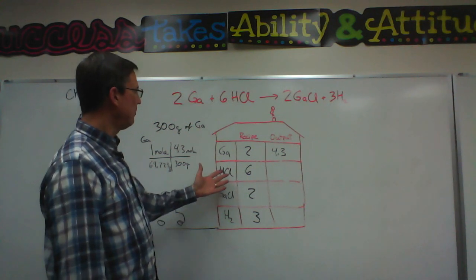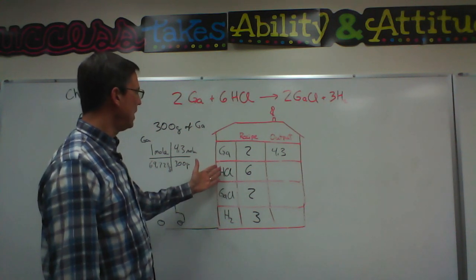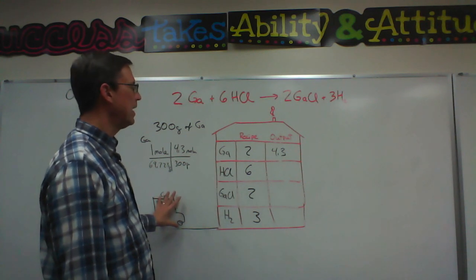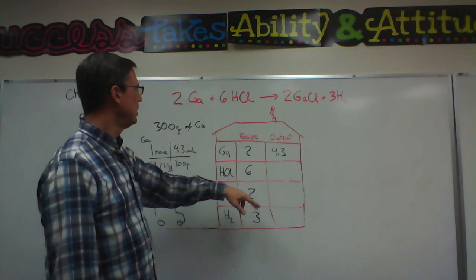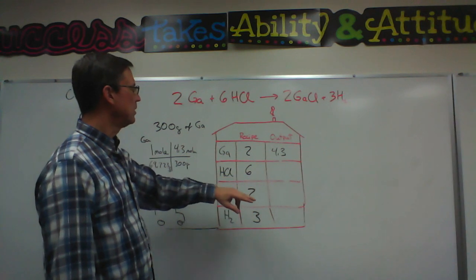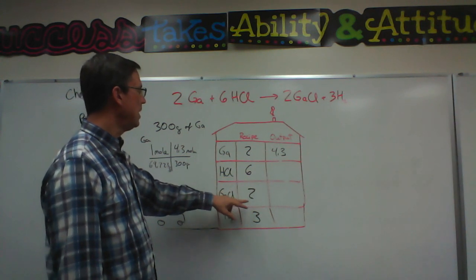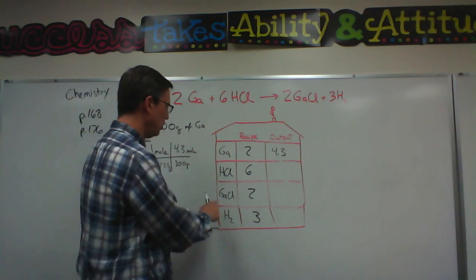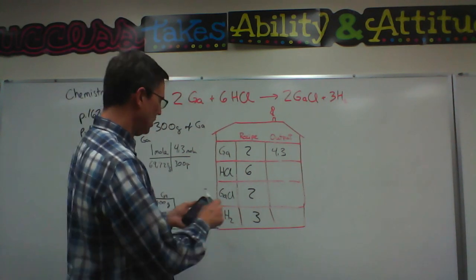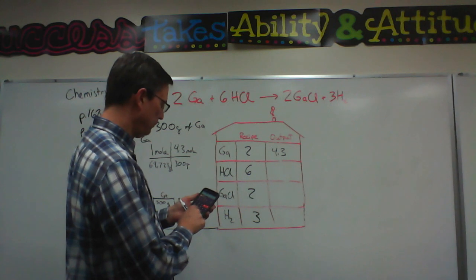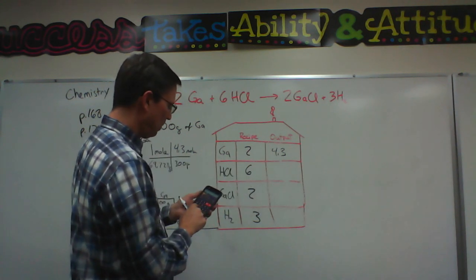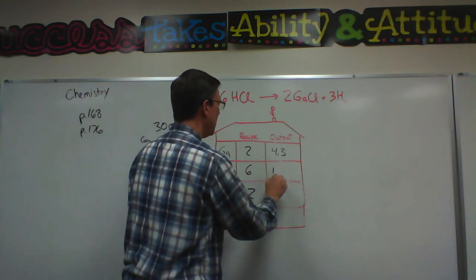And they have plenty of hydrochloric acid, and they just have a big tank outside. So this is the limiting factor. Using the 4.3, now we can figure out exactly how much hydrochloric acid will be used, and we'll figure out how many moles are produced of gallium chloride and hydrogen. So we'll take 4.3 times 6 divided by 2, 12.9.